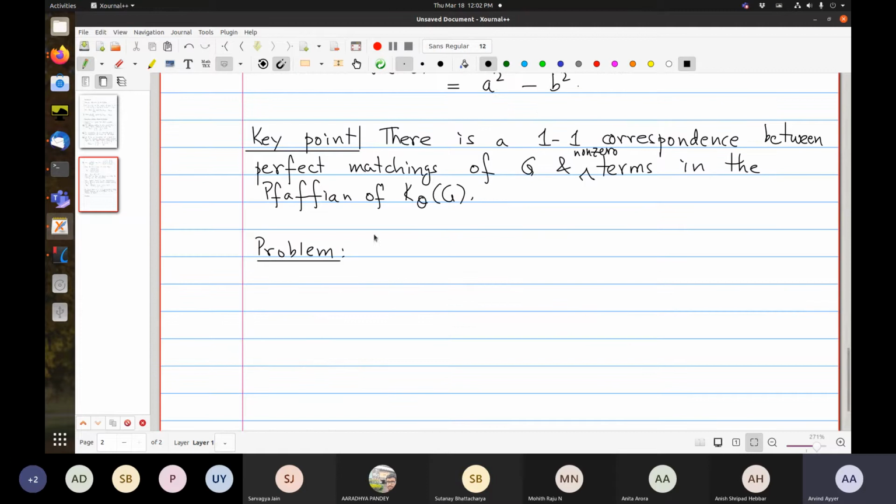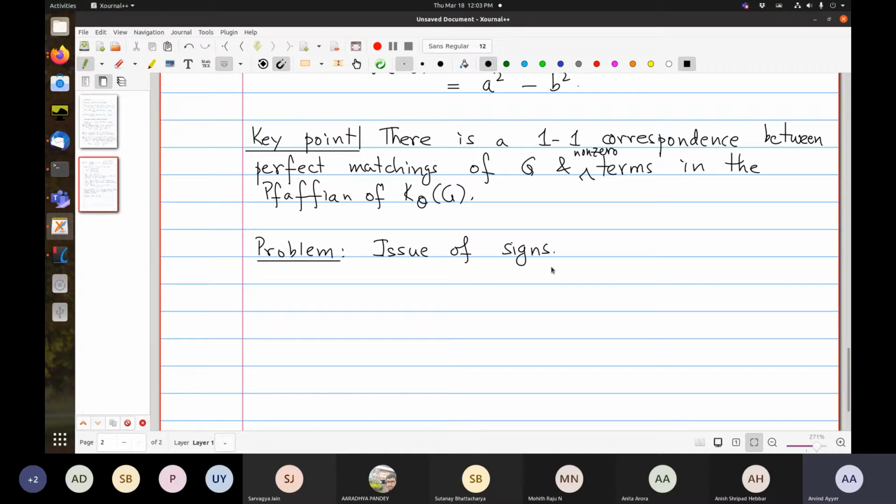Okay, this is the issue of signs. And also dependence on the orientation. Well, okay, that's not really a problem. That's actually going to help us.